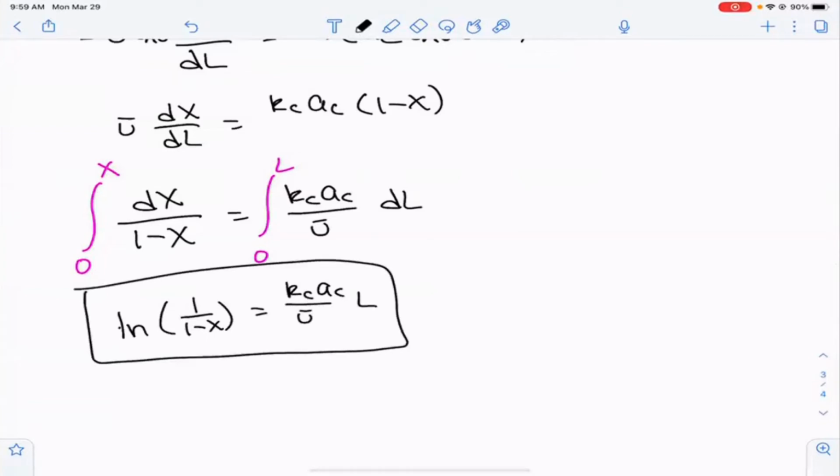This gives us an expression where we can either calculate the length of the reactor required to achieve a certain conversion, or conversely, if we know the length, we could calculate the conversion, knowing the mass transfer coefficient, the linear velocity, and that geometric factor, AC.